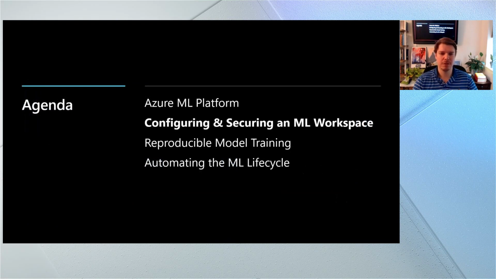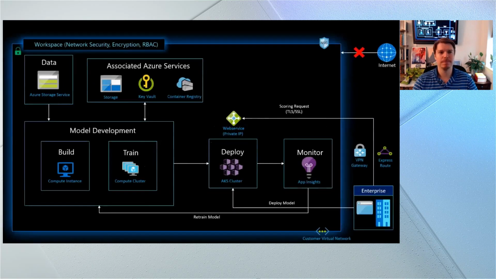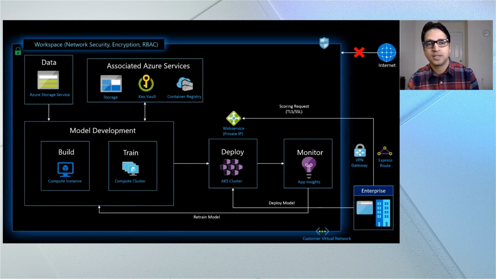Now I'm going to hand it off to Ashish to talk about how to take this workspace construct and secure it and lock it down. Thanks, Jordan. The very first thing an IT admin has to do before you can start using Azure Machine Learning is to provision this Azure resource called a workspace.